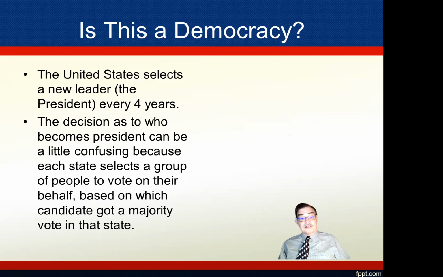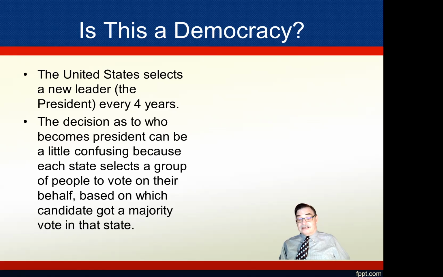All right. The United States selects a new leader, the president, every 4 years. The decision as to who becomes president can be a little confusing because each state selects a group of people to vote on their behalf based on which candidate got a majority of the votes in that state. That's the Electoral College. So again, you can have more votes for someone when they add it all together, and then still that person doesn't become president because you have electoral votes.